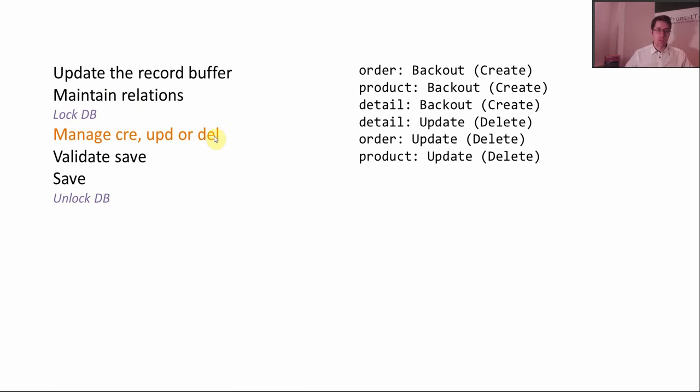Then the database is locked, and we have an order backout, product backout, detail backout. Then we go back into detail and do an update, and an order update and a product update. If we are adding a new one, it does create and then update. And if we are deleting, it's running backout and then delete.